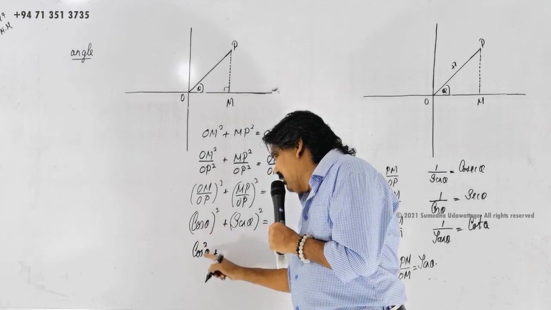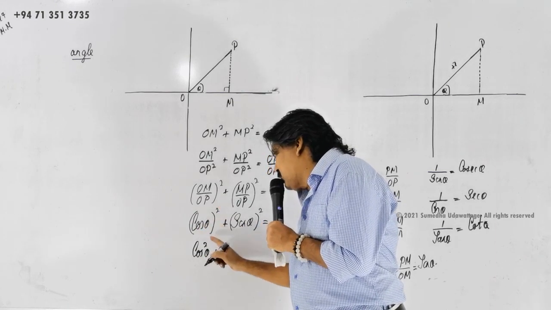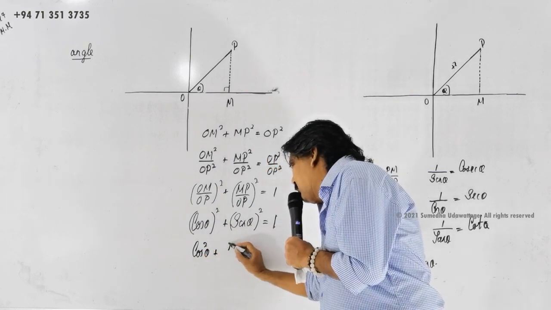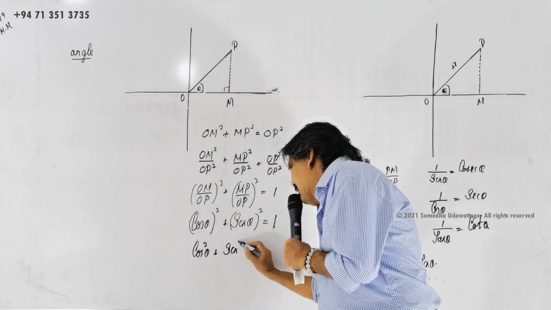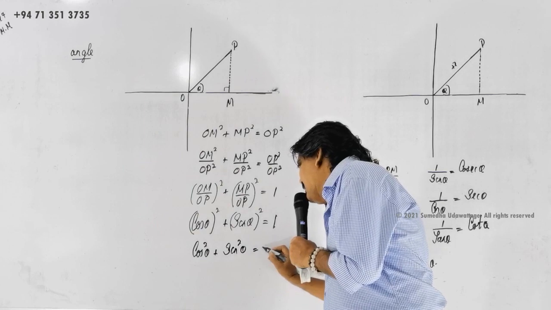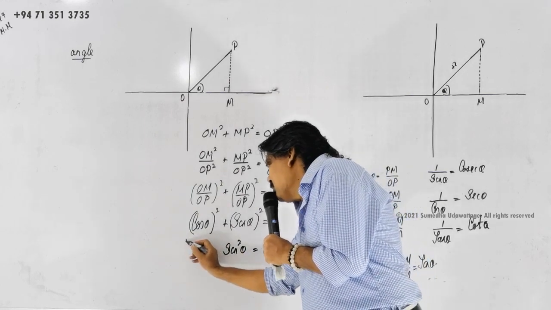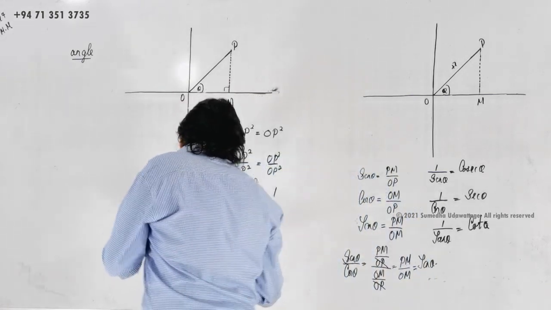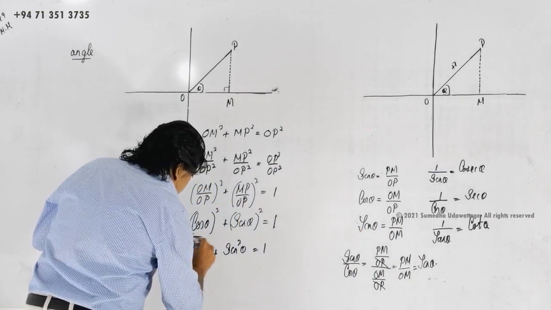Cos square theta plus sin square theta is equal to 1.